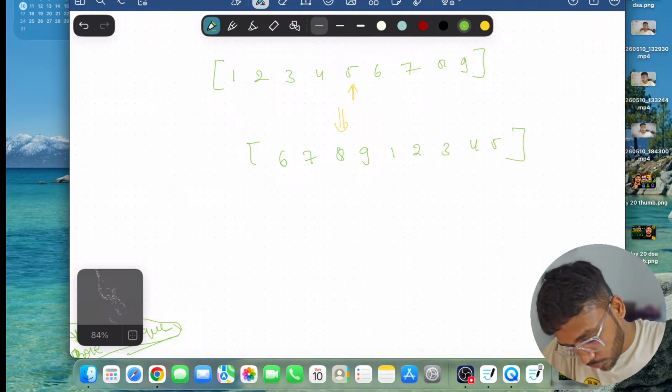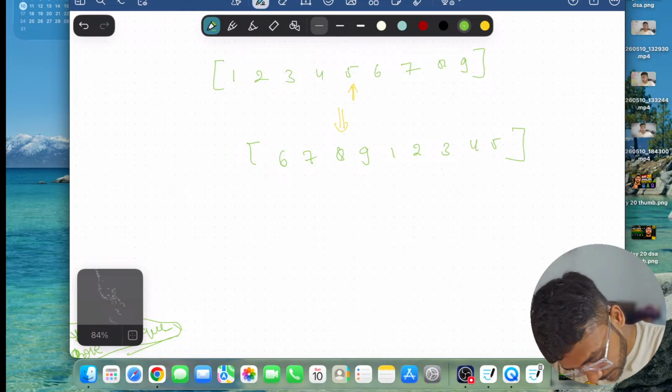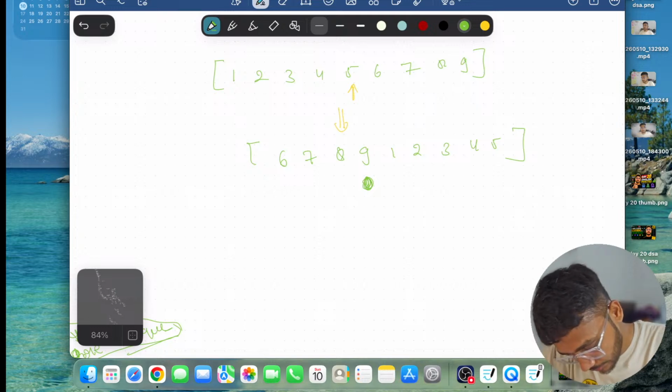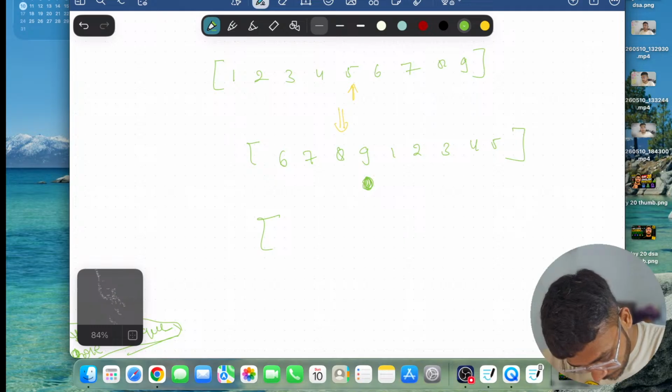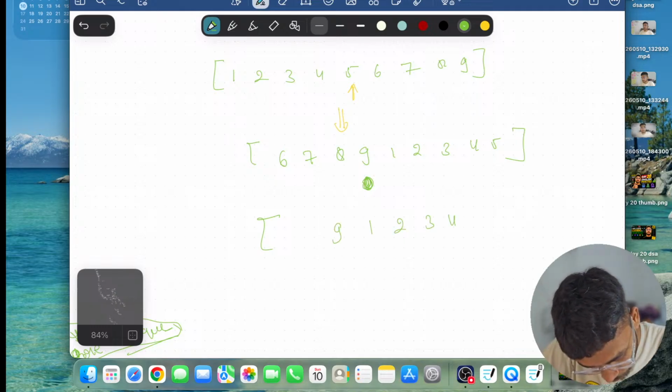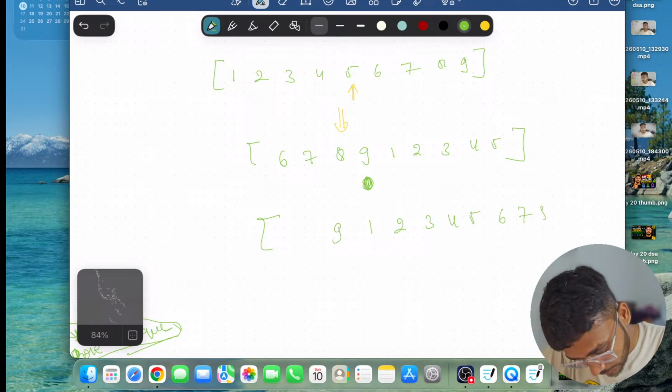And let's say you rotate it at this point, then it will be again like 9 here, 1, 2, 3, 4, 5, and 6, 7, 8. And what if I'm rotating it at this point?